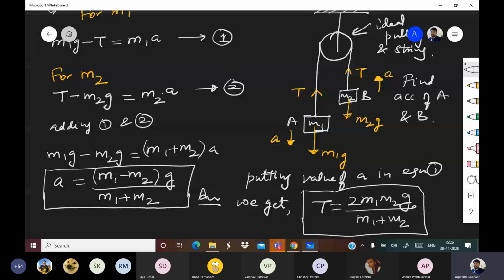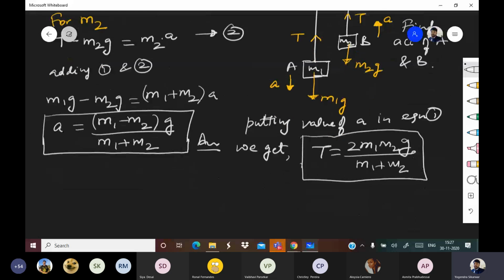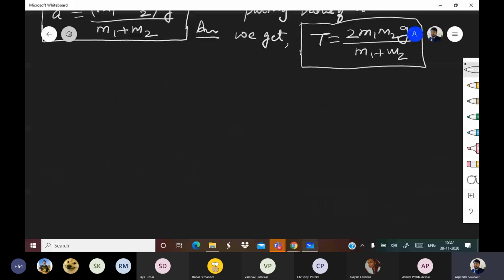Adric is getting the same answer. Vaibhavi is also getting the same answer. Next question. Gargi is also getting the same answer.